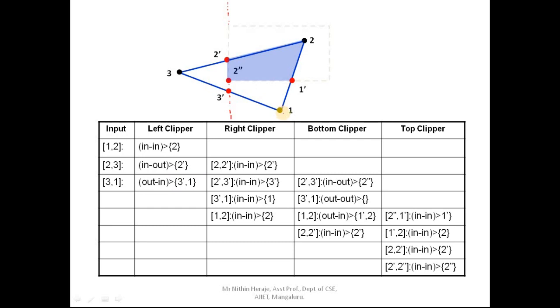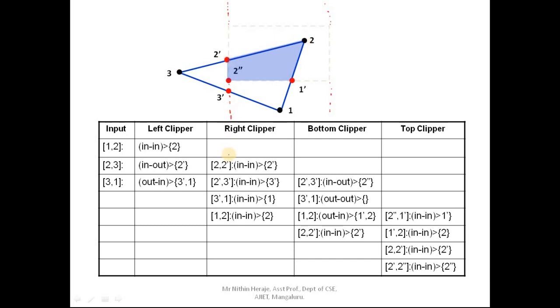So this completes the left clipper, and whatever is left clipped, now we are supposed to give it to the next one, that is the right clipper. Okay. So for the right clipper, anything right side of this line will be treated as outside, and anything towards the left of this line is treated as inside. Okay. What are the edges? First we have 2 and 2 dash. So 2 and 2 dash, we'll see where is 2. 2 is here, 2 dash is here, both are in.